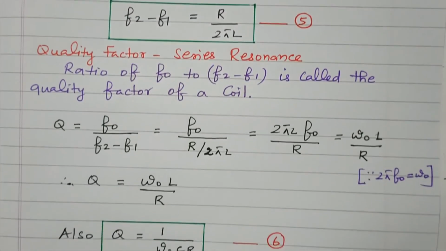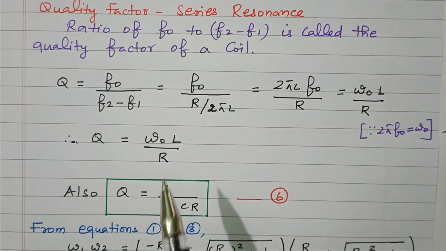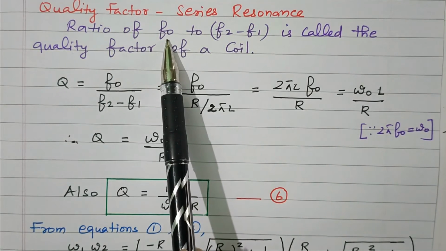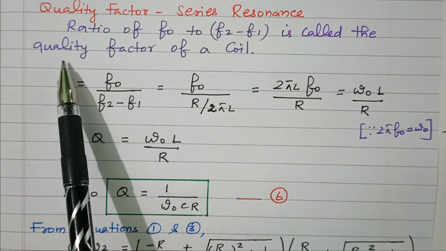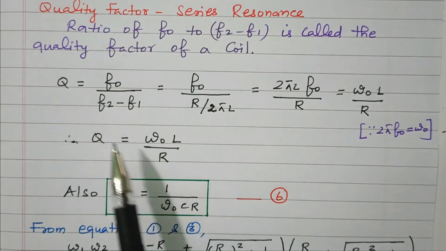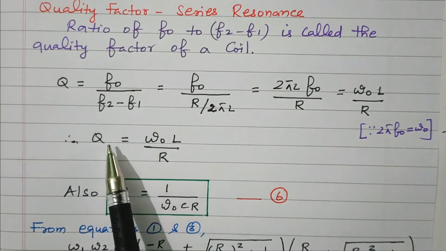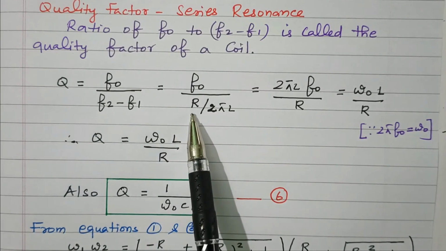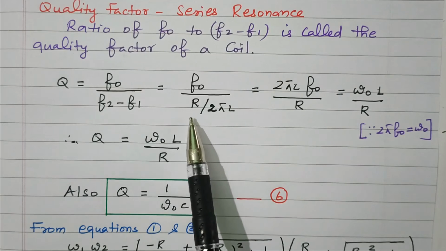Now we'll go to the quality factor of a series resonance. What is the quality factor? The ratio of f0 to f2 minus f1 is called the quality factor of a coil. That is Q equal to f0 divided by f2 minus f1. Here f2 minus f1 is R divided by 2 pi L, which we just calculated.